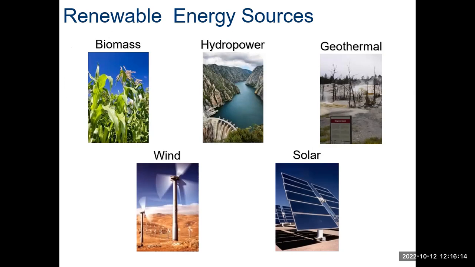And these examples include biomass, okay? So we use living or once living organisms as fuel, just like the stalk of corn right here. We use hydropower, right? That is energy produced from the movement of water, okay?